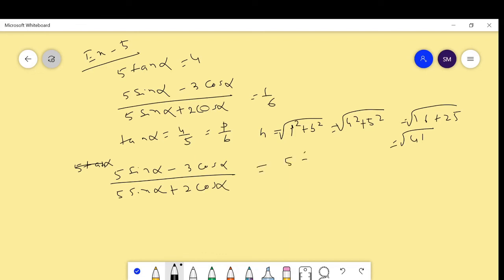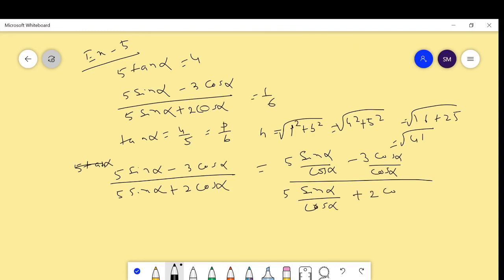We get 5 sin alpha upon cos alpha minus 3 cos alpha upon cos alpha, upon the same. As you know students, if we divide the same thing in both numerator and denominator, then there is no change in value. Then we get 5 tan alpha minus 3 upon 5 tan alpha plus 2.